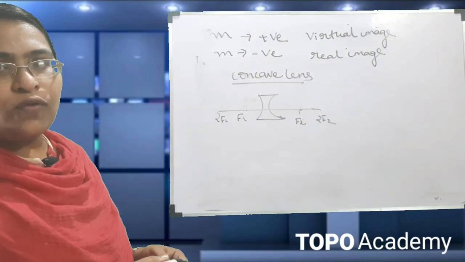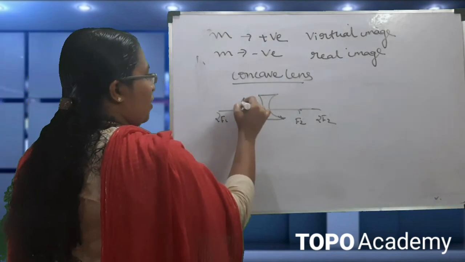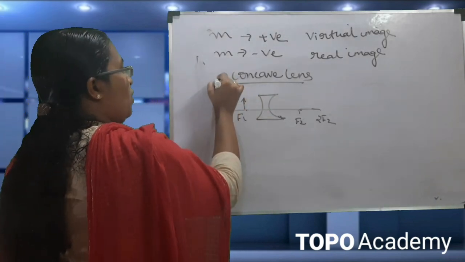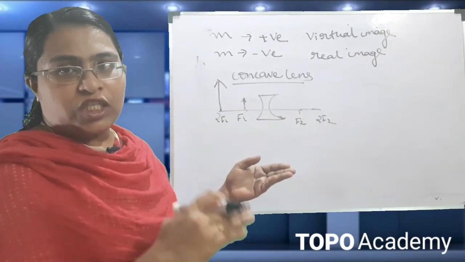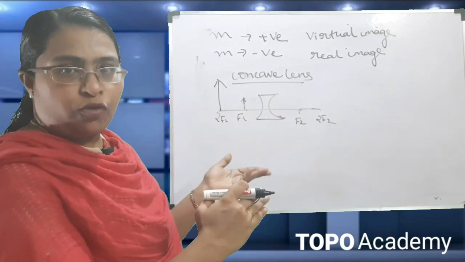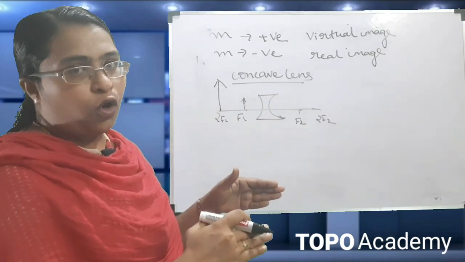In all the cases of the concave lens, we are keeping the object on the left side of the optic center and we are always getting an image on the left side of the optic center. For all the cases of the concave lens, we are getting a virtual image.